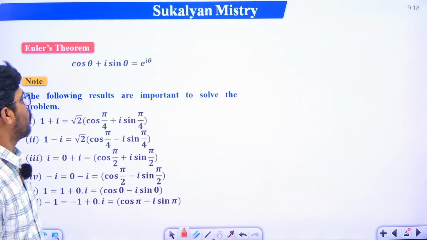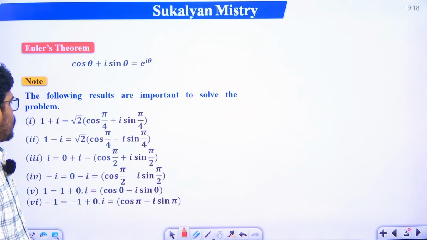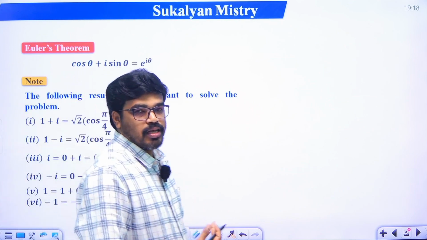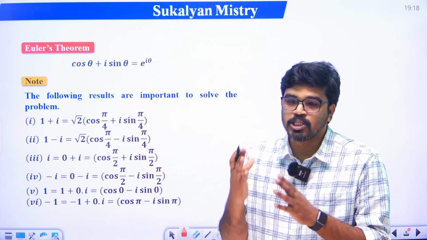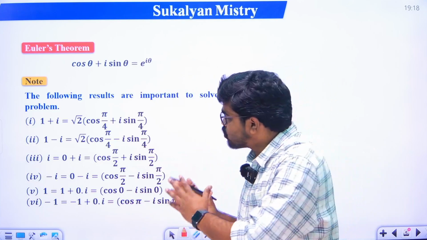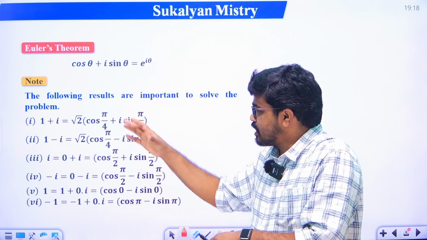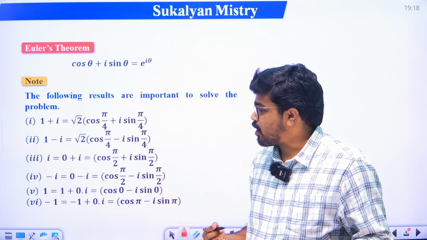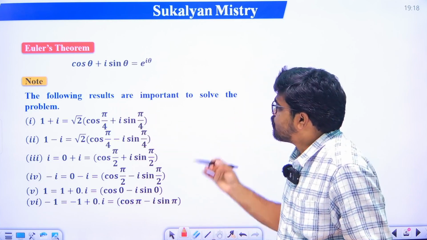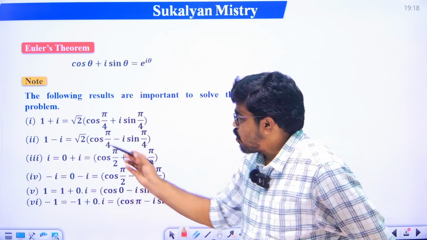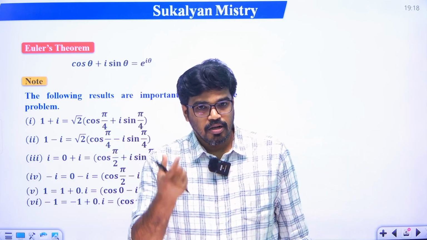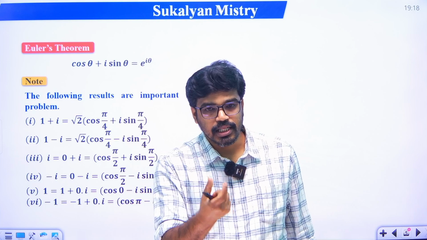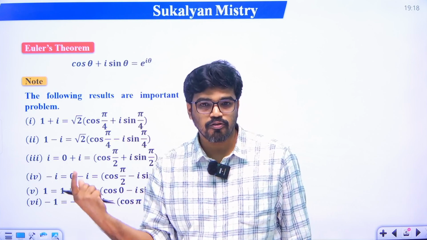So now for solving problems using de Moivre's theorem, we have to note these results, which are very important. The following results are very important to solve the problems. 1 plus I, first we have to convert the complex number into polar form.